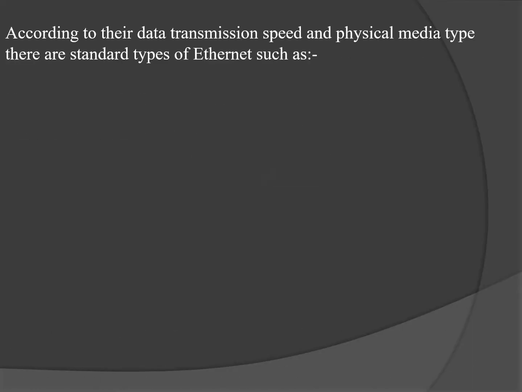So before going ahead with today's topic, that is types of Ethernet, let me first revise what is an Ethernet. Ethernet is a LAN which is operating within a single building. Ethernet can run only up to a few hundred meters, but the modern Ethernet can span up to 10 kilometers. Historically, we were using coaxial cable to achieve connection, but nowadays twisted pair cable as well as fiber optic cables in certain Ethernet is being used.